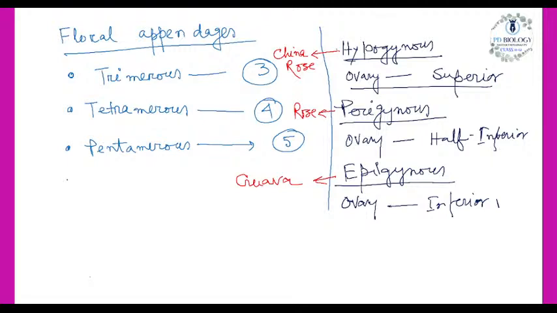So the calyx, what's the unit of the calyx? Can you remember? The calyx is made up of sepals. So sepals make the calyx, the outermost part. Generally sepals are green, leaf-like and protect the flower at the bud stage. Very protective organ.